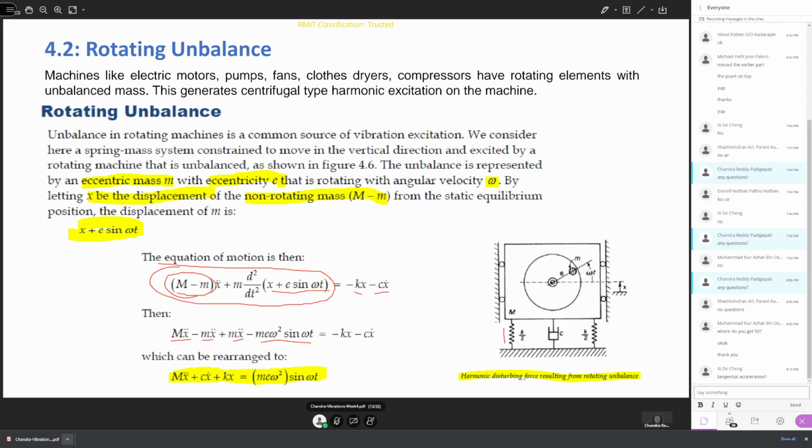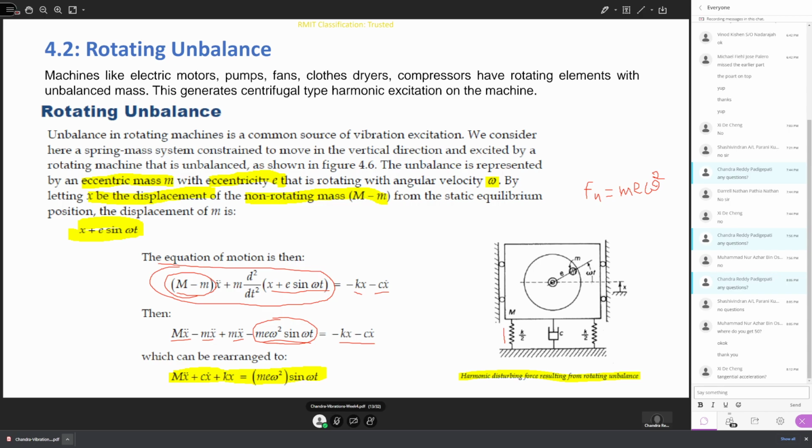I wrote that the force is m r omega square, where r here is e. So instead of m r omega square, we have m e omega square. But this force varies with respect to theta, that is omega t. Therefore, you can write the force as m e omega square into sine theta. All right, so this one you can write minus kx minus c x dot.